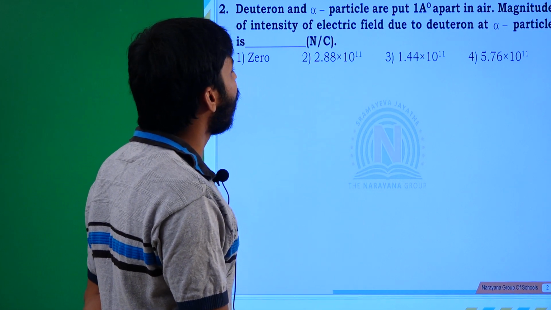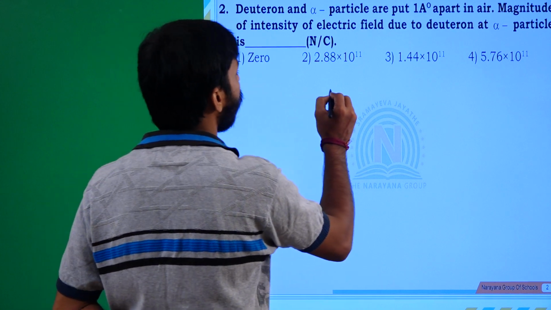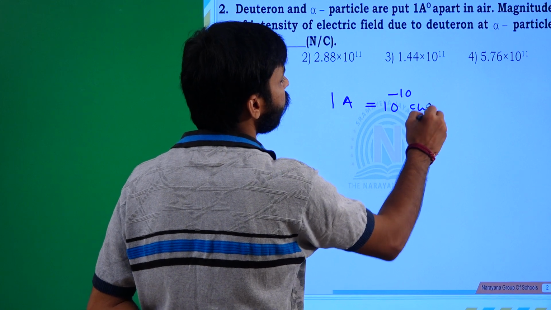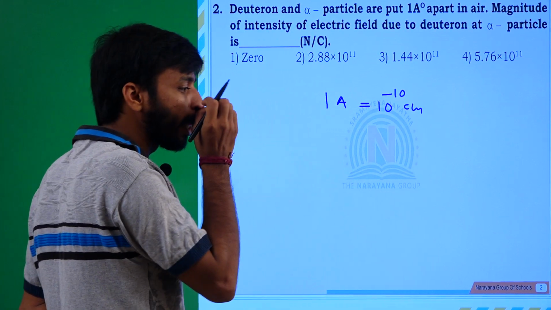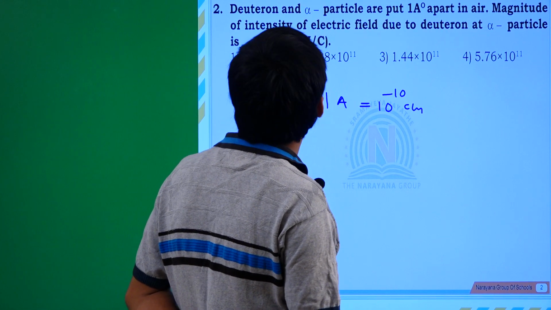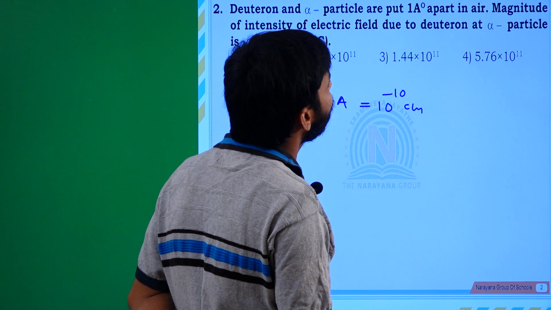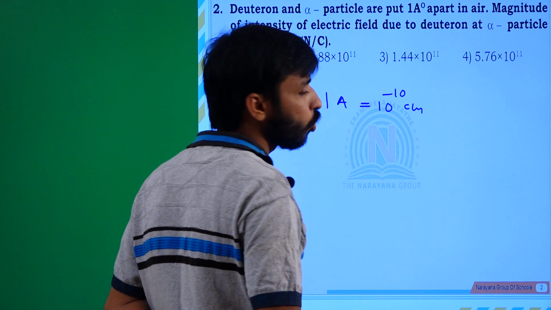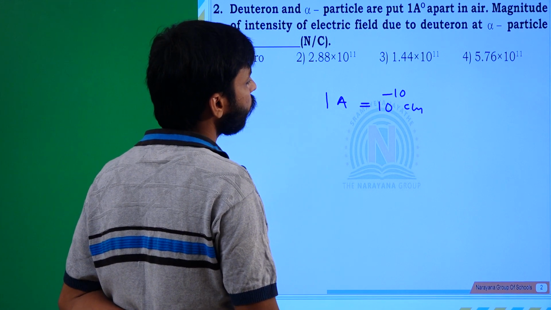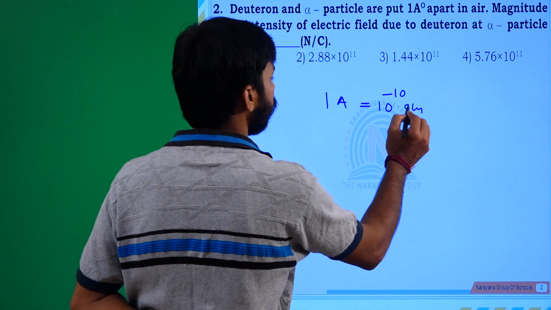And next one: deuteron and alpha particle are put 1 angstrom apart. Already we know that 1 angstrom is equal to 10 power minus 10 meters. The magnitude of the intensity of the electric field due to the deuteron at the alpha particle is in Newton per coulomb.